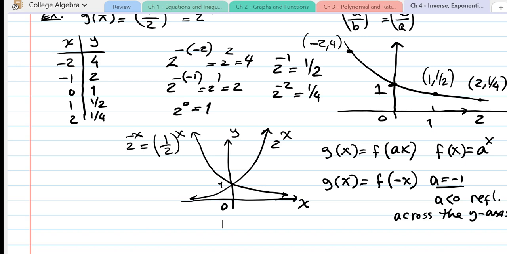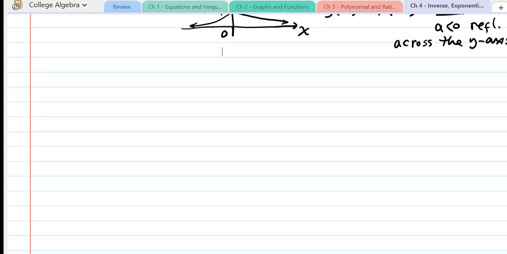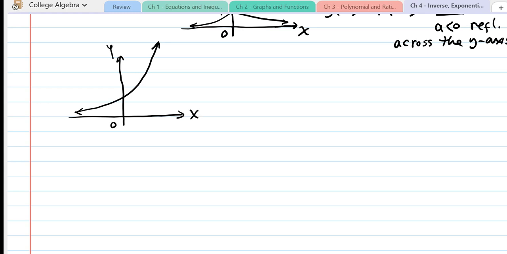Now, having talked about this, let's generalize the effect of the base on the general exponential function. In general, we said if I have a function whose base is greater than 1, the function is going to be rising. So that's going to be the general exponential function. And all exponential functions, before you actually move them using transformation, go through 0, 1.